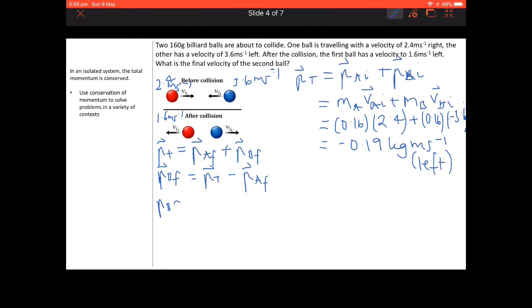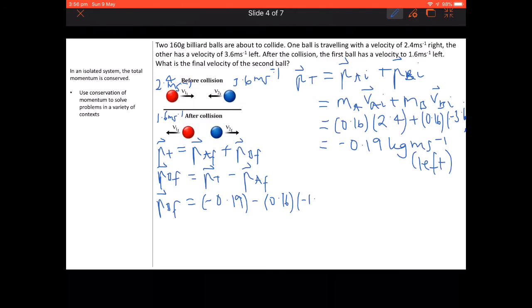So then this will be negative 0.19 minus, and then our mass of A, which is 0.16, and then our speed of A, which is 1.6, or our velocity of A, which is 1.6 meters per second to the left.